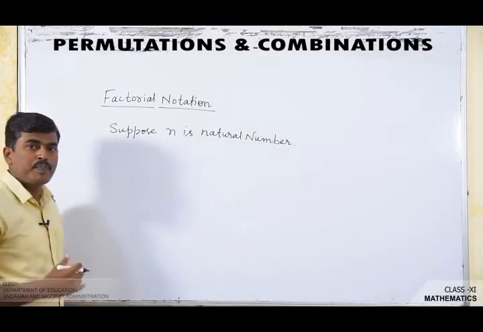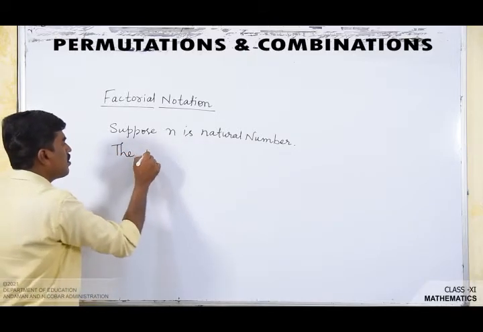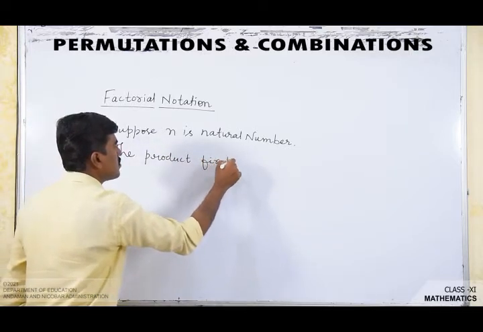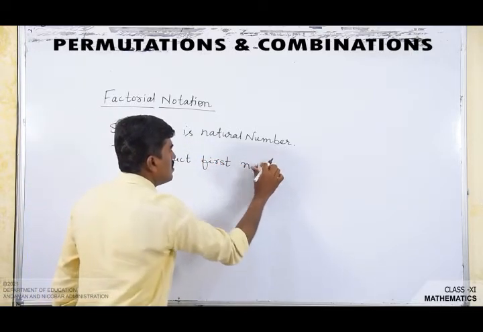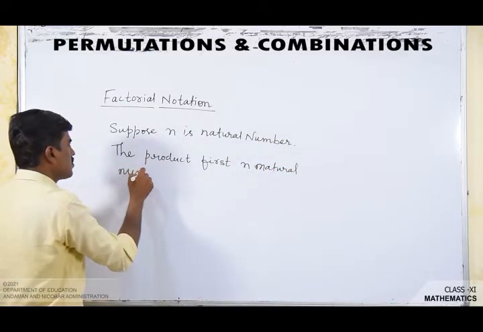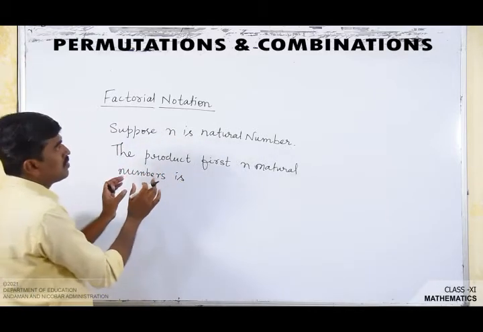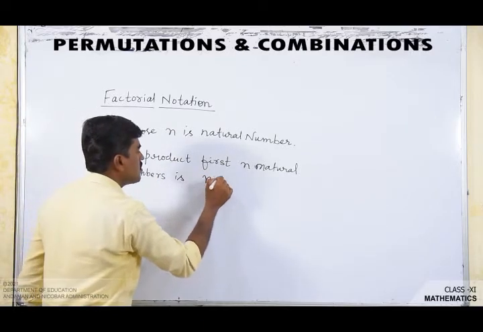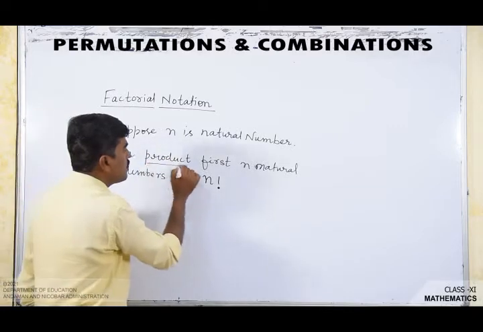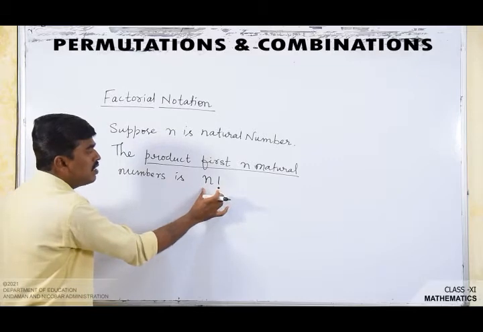Then the product of first n natural numbers is denoted by this notation that is called factorial n.